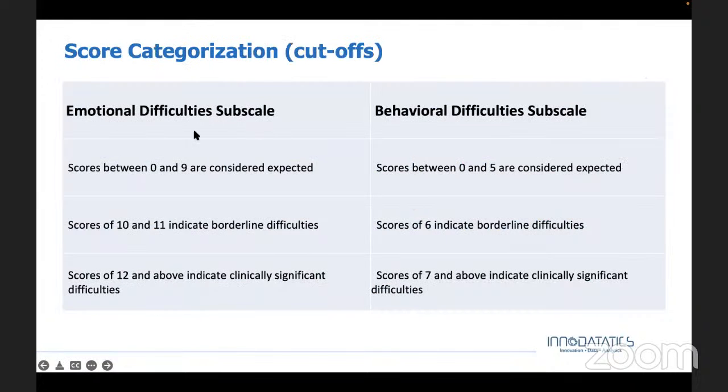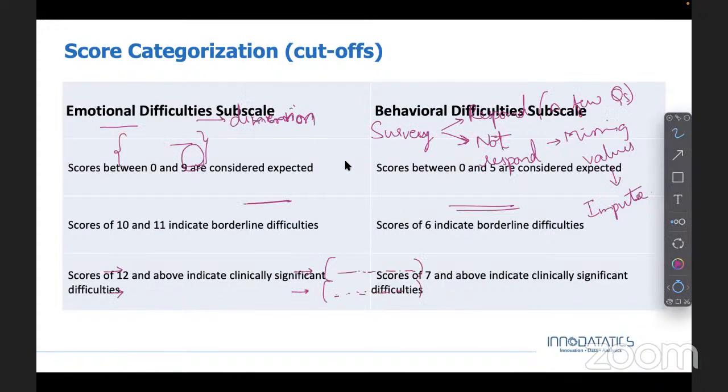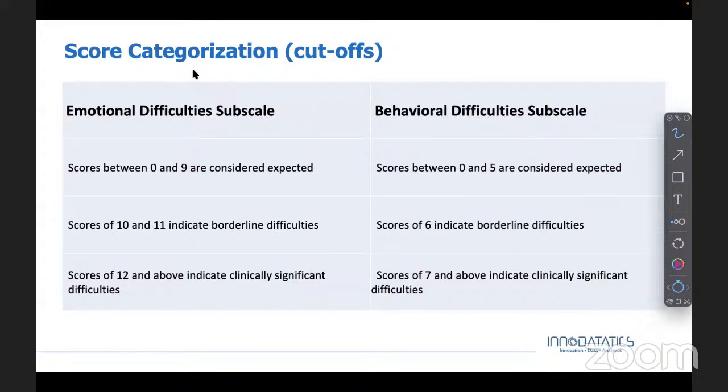And then this is what I was talking about. These are the output variables. Two different models were built as part of this project. In one model, the emotional difficulty subscale was the output. In another model, the behavioral difficulty subscale was the output variable.